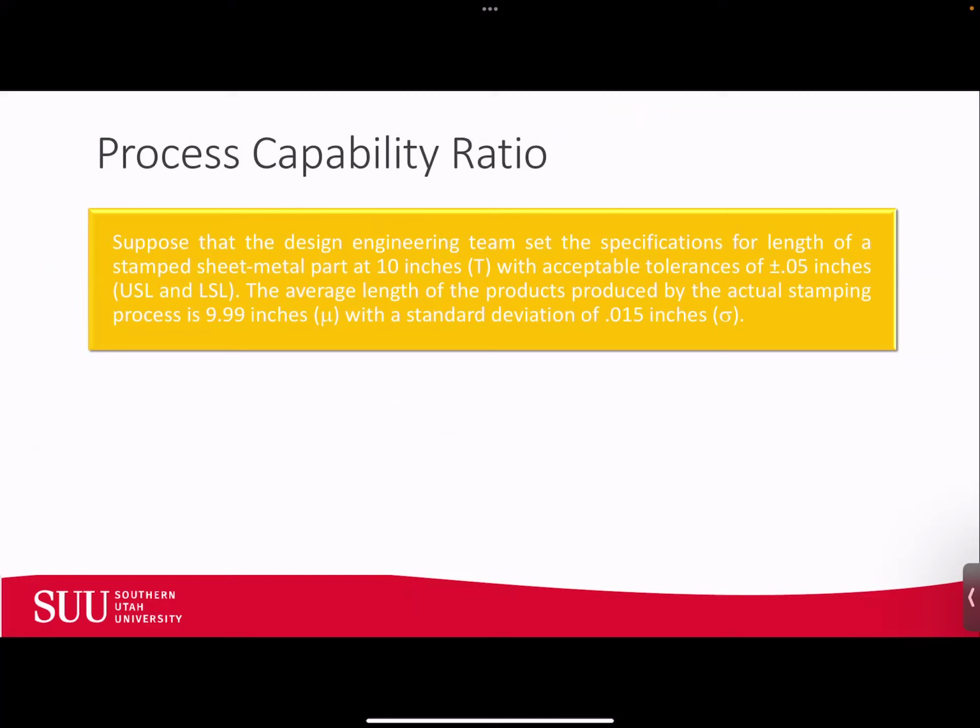The average length is 9.99 and the standard deviation is 0.015. So how to find CP? CP equals the absolute value of USL minus LSL divided by 6 sigma. So what is the upper specification limit? How to find that? Do we have the upper specification limit directly here in the problem information?